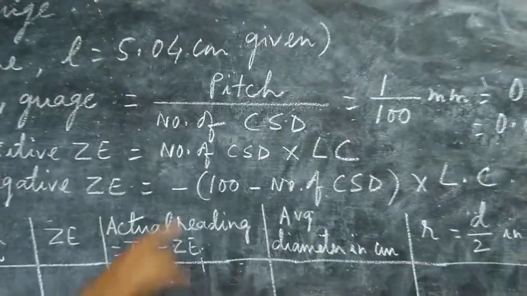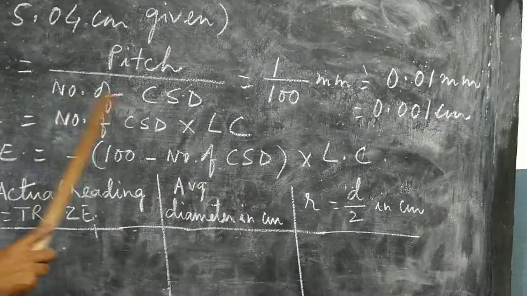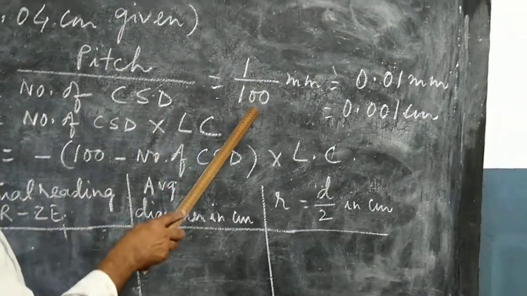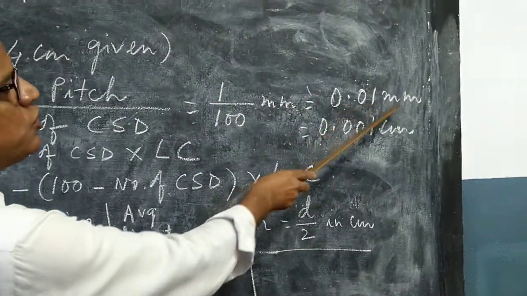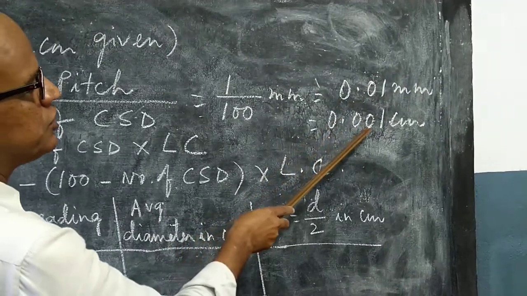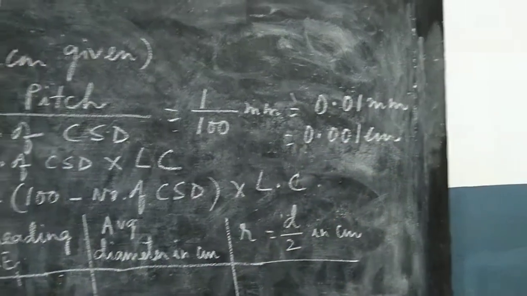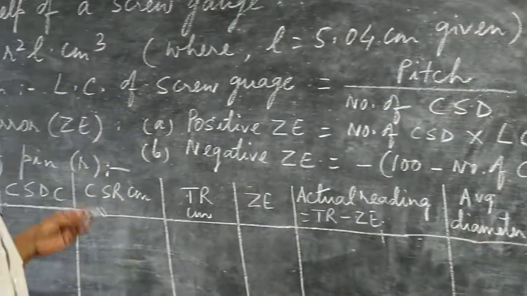So pitch is 1 millimeter and the number of circular scale divisions is 100. So 1 by 100 is equal to 0.01 millimeter. In centimeter it is 0.001 centimeter.